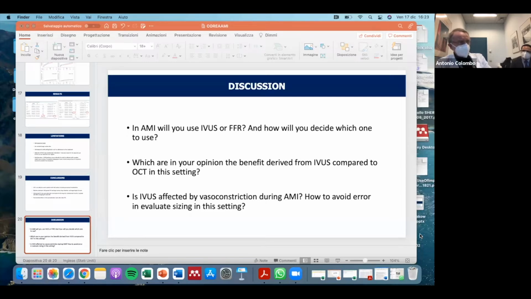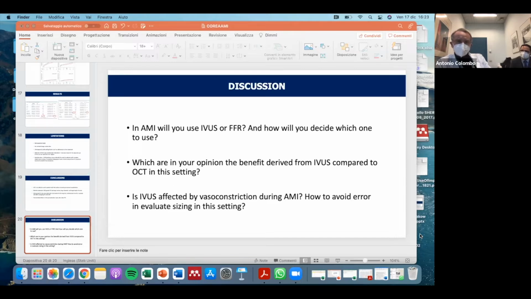I think in acute coronary syndrome, we have so many variables affecting the distal circulation that FFR becomes a little bit polluted by other factors. I will use IVUS, but not routinely.